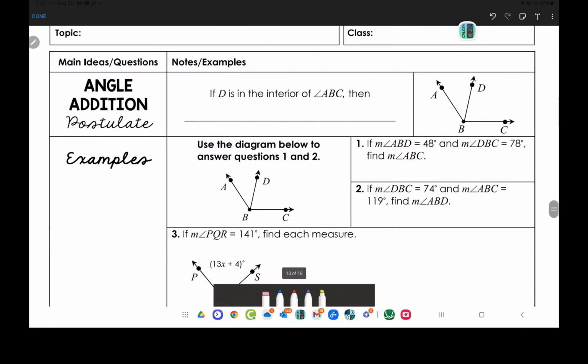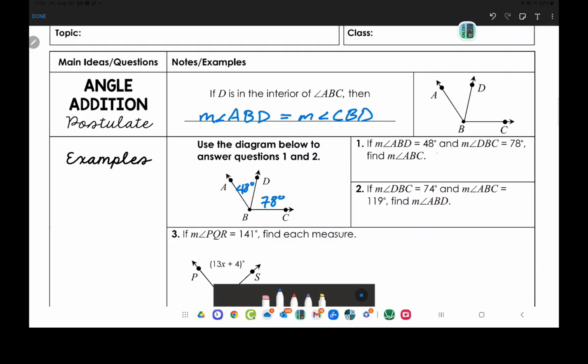All right. Now we've already talked about the angle addition postulate. If D is in the interior of angle ABC, then the measure of angle ABD plus the measure of angle DBC equals the measure of angle ABC. So use the diagram to answer questions. If we know that angle ABD is 48 degrees and angle DBC is 78 degrees, what is the measure of ABC?